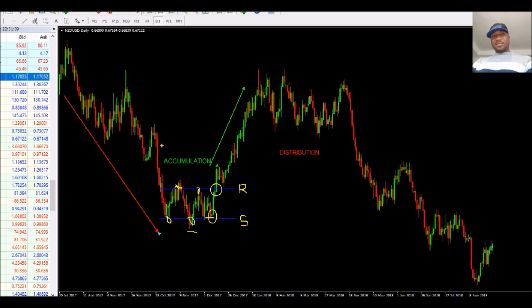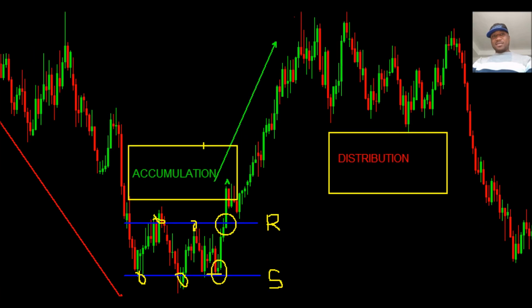All you need to do is to obey the concept, trading the accumulation phase and trading the distribution phase. If you know how to trade these two phases, you will see yourself making money from the market. This is how professional traders trade.